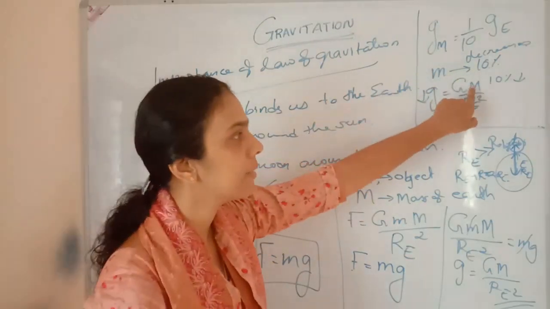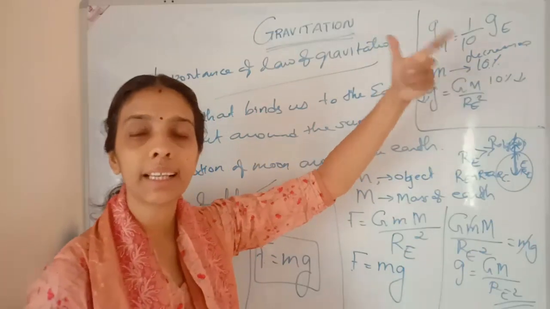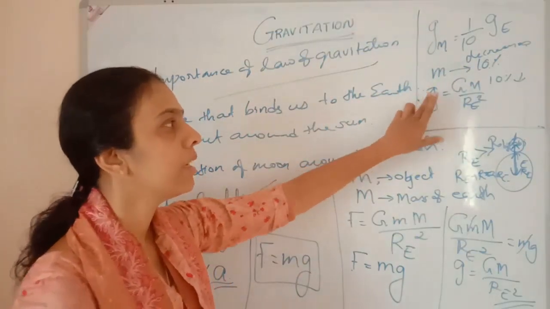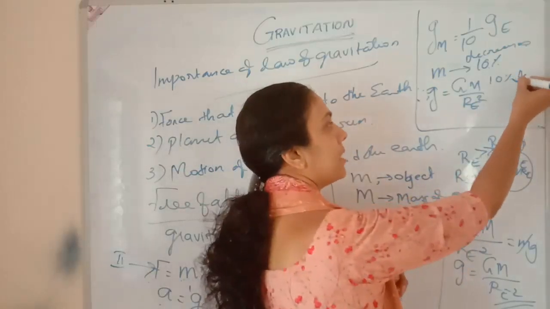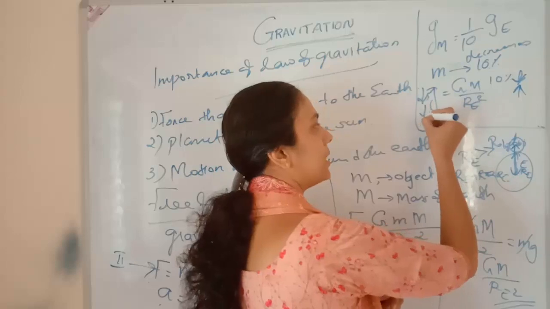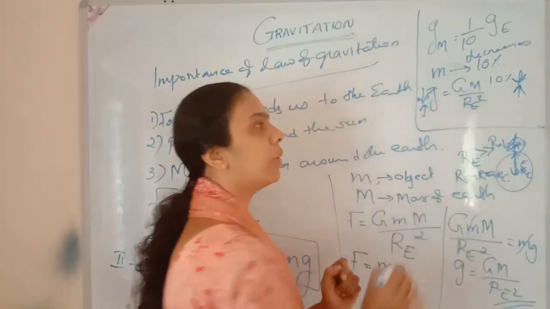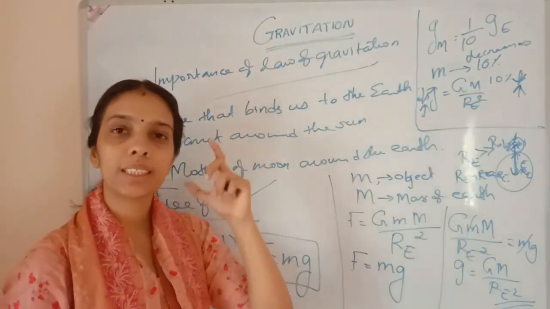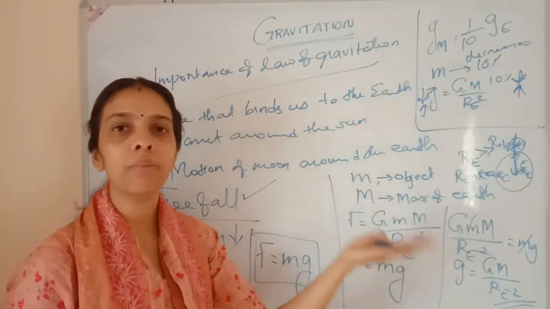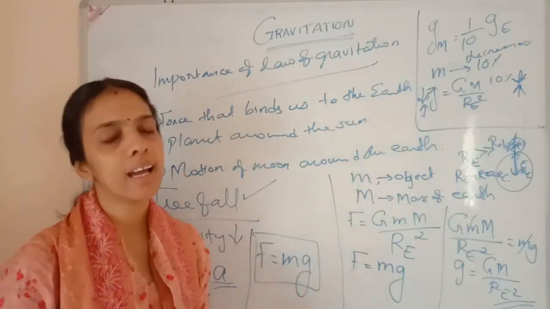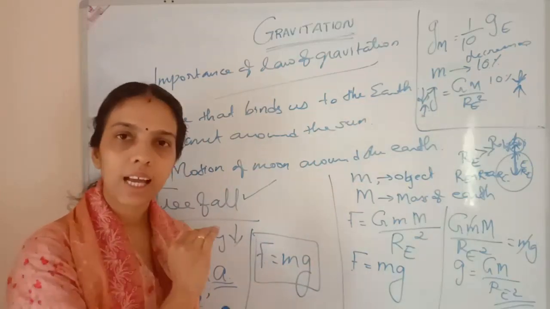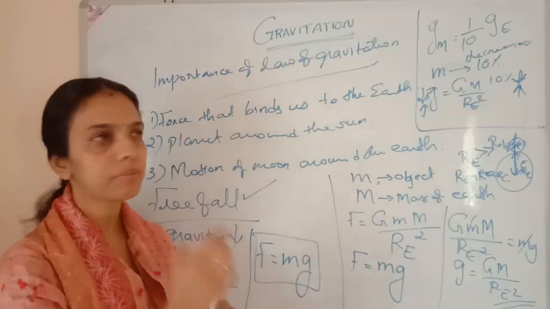Mass is in the numerator, so if it increases, gravity will increase. If it decreases by 10%, gravity will decrease. Whatever is in the numerator, if it increases, the left hand side will increase. Whatever is in the denominator, if it increases, the left side will decrease.